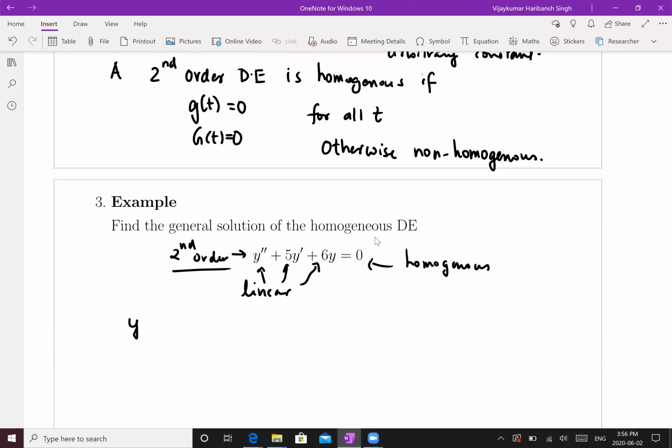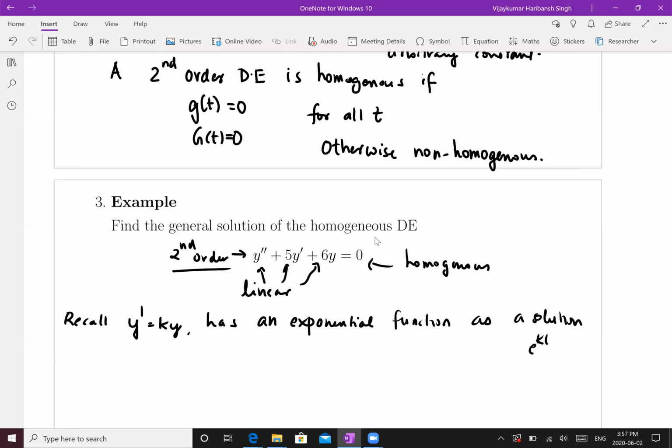If you look at y prime equals ky, recall it has an exponential function as a solution, right? We already know what function that would be: y equals e to the kt.